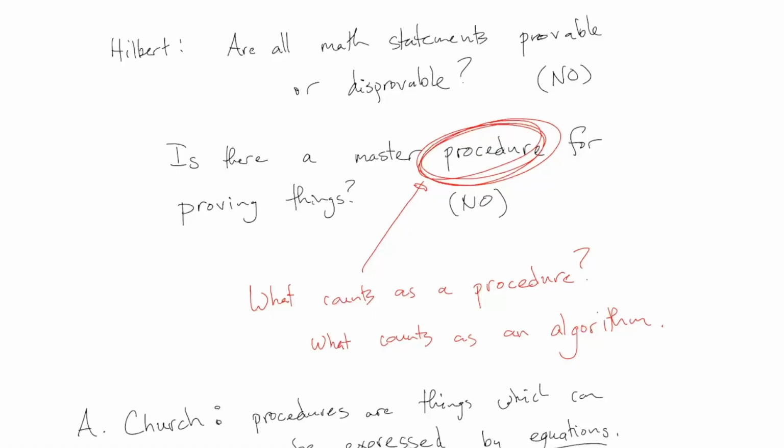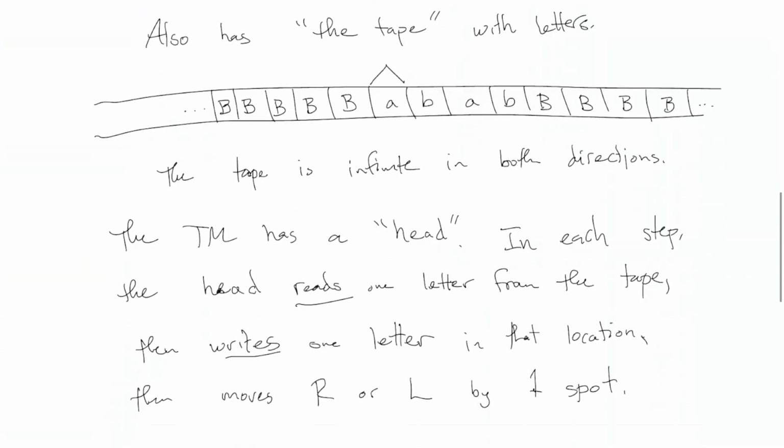Why are you talking about this at all? And the answer, of course, is that if you want to make sense of what procedure means, you have to imagine any procedure is like an algorithm. That is to say, it's something which can be accomplished by a machine. And then I would say, what kind of machine are you talking about? And he'd be like, I'm talking about the tape and the head and all of that. This, to me, is a ridiculous idea, but it's such a good idea also.